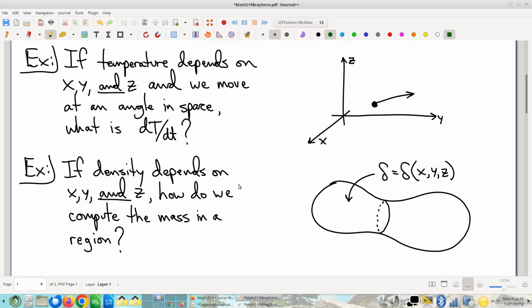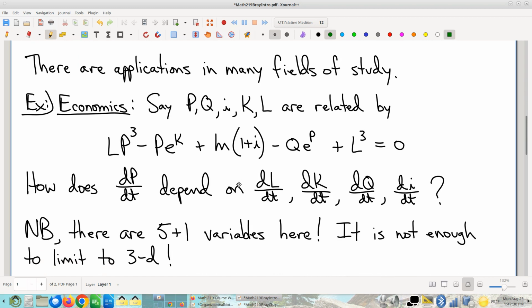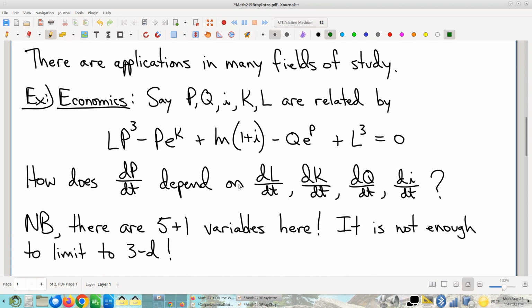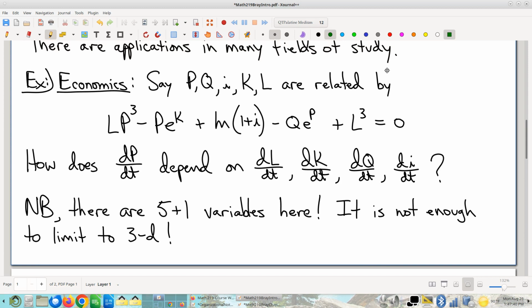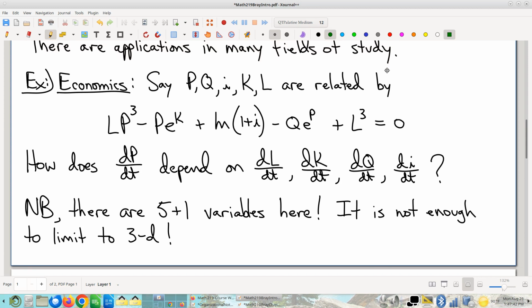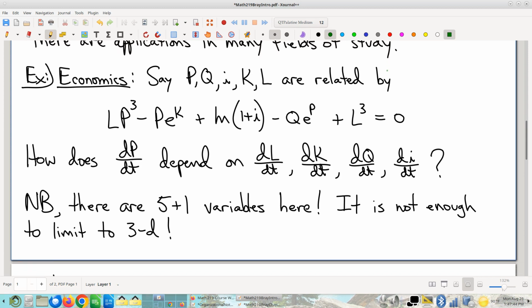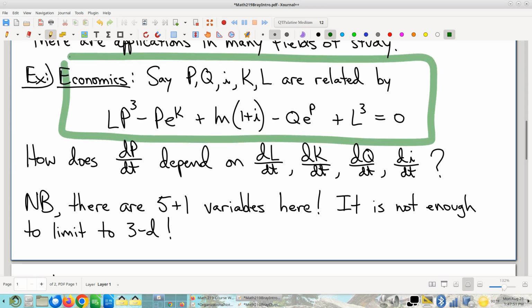I want to show you all some that are field specific. There are many different applications in many different fields. So let's start with econ, just because I think some of y'all might be econ majors, maybe, possibly, doesn't matter. Anyway, here we are. So here's what an economic model looks like very often.